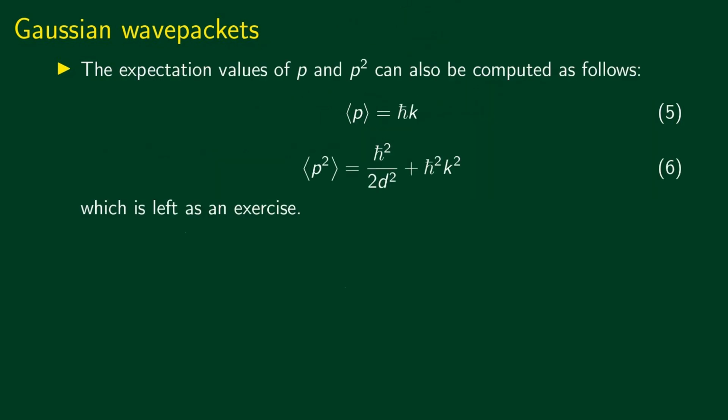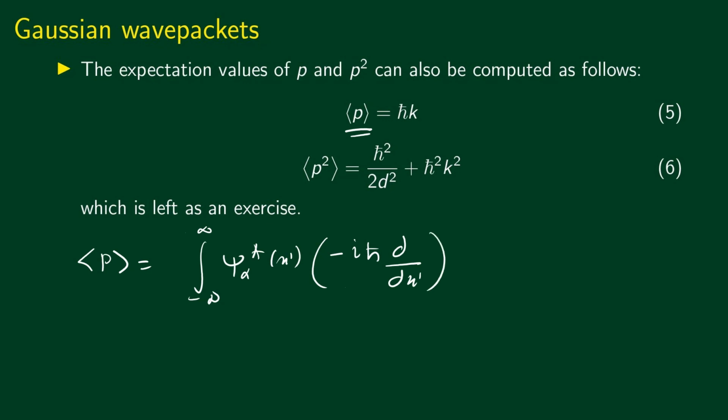Using similar techniques, you can calculate the expectation value for the momentum operator, which can be written as expectation value for p is equal to integral minus infinity to infinity psi alpha star of x prime. The momentum operator in the coordinate representation, in the position space, is given as minus i h bar partial derivative with respect to x prime acting on psi alpha of x prime, and the integration is over x prime.